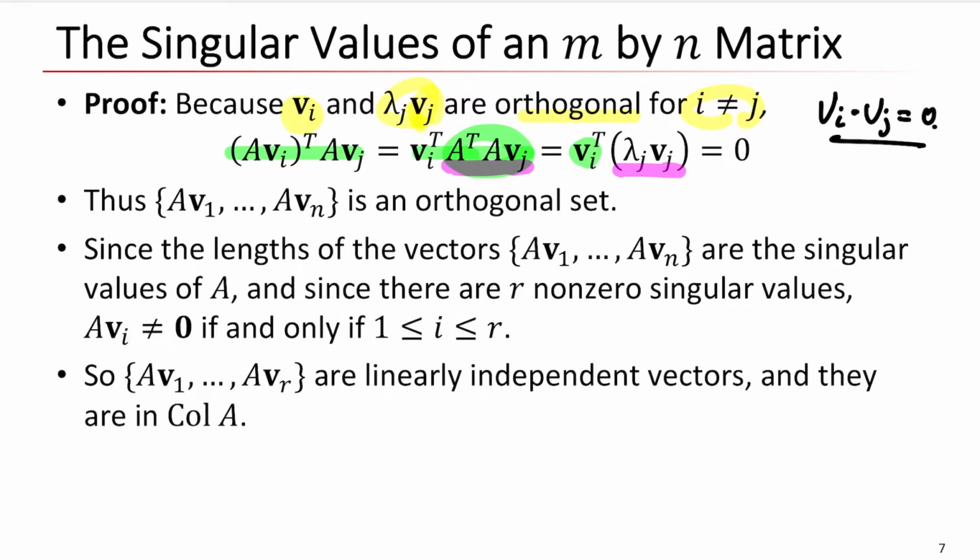This is the definition of vi and lambda j, and from here this is just 0, right? In other words, the vi and vj are orthogonal to each other, so Av1 to Avn is an orthogonal set.